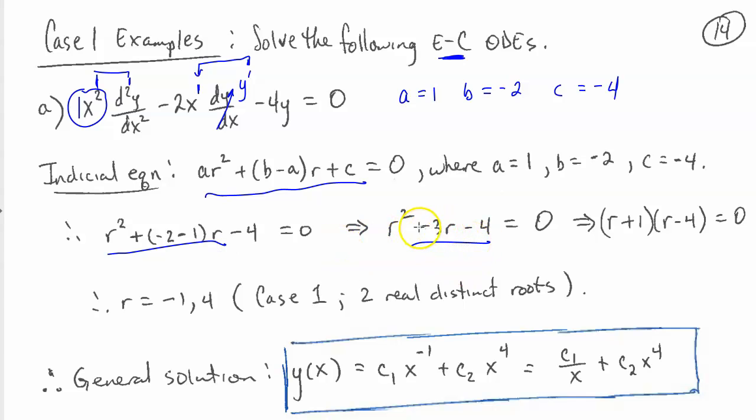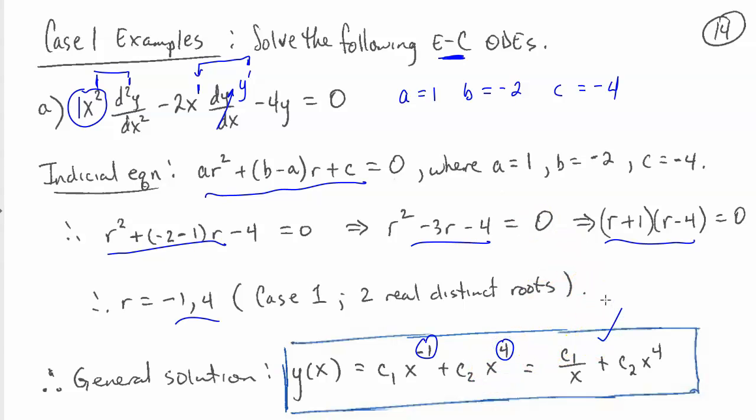Once we put all that in, it's just a matter of plug and play. We get r squared minus 3r minus 4. That easily factors to r plus 1 times r minus 4. If we set both factors equal to 0, we see that -1 and 4 are our roots for the indicial equation. So our solution is just a constant times x raised to the -1 plus a constant times x raised to the 4.